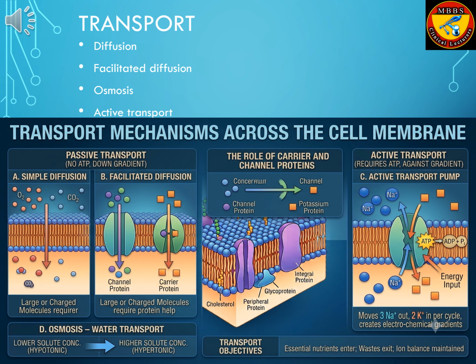Osmosis is the movement of water through a selectively permeable membrane from an area of lower solute concentration to higher solute concentration. Active transport requires ATP because substances move against their concentration gradient, from lower concentration to higher concentration. A common example is the sodium-potassium pump. These transport mechanisms ensure that cells receive nutrients while removing waste products efficiently.